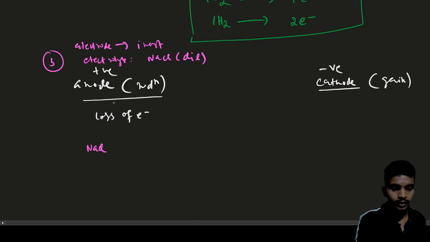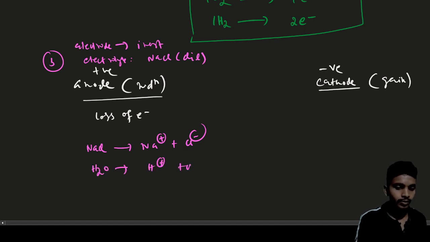For that case, what is happening? NaCl gives Na plus and Cl minus. Dilute means there is a huge amount of water, giving H plus and OH minus, which are in excess.